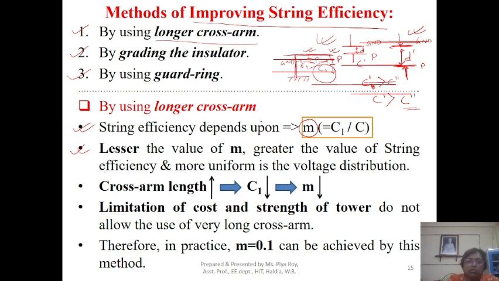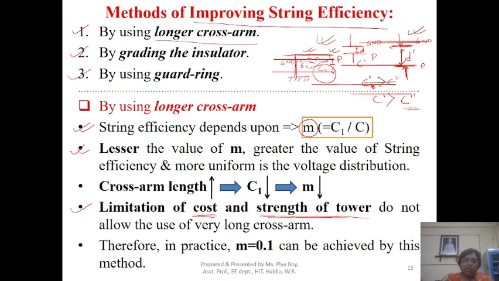Also, if we increase the length, more and more material is required, which increases the cost. So this is the limitation of cost. Obviously you have to think about the cost involved and the mechanical strength of the tower. The strength of the tower does not allow the use of a very long cross arm, so there are physical limitations.